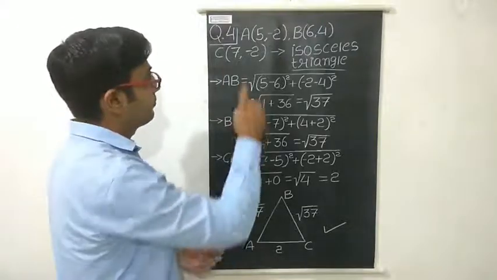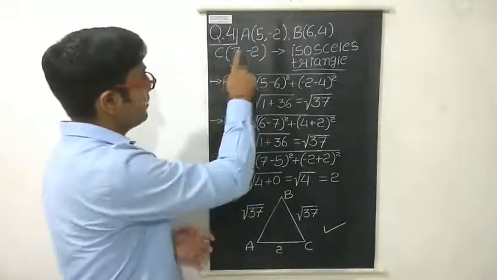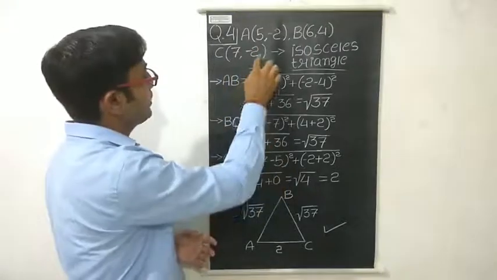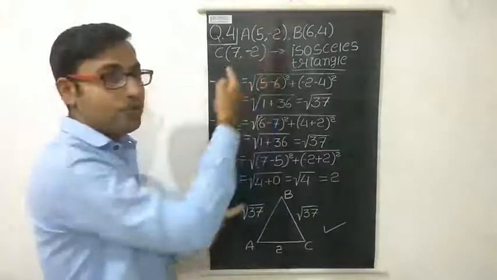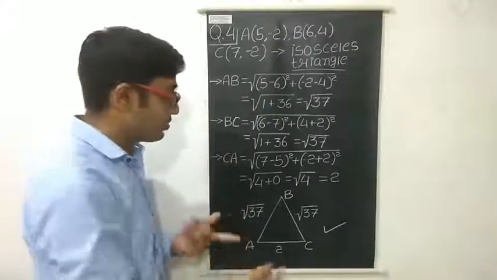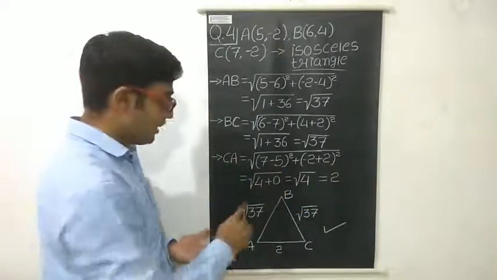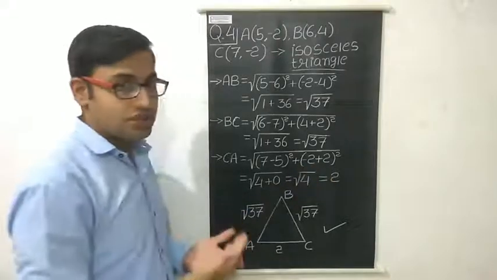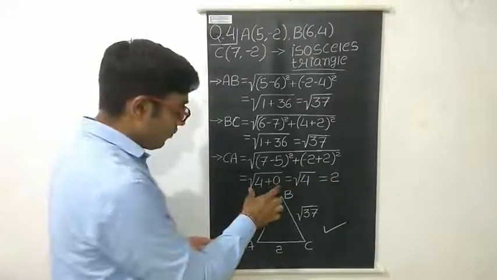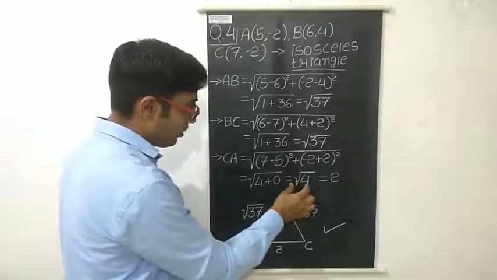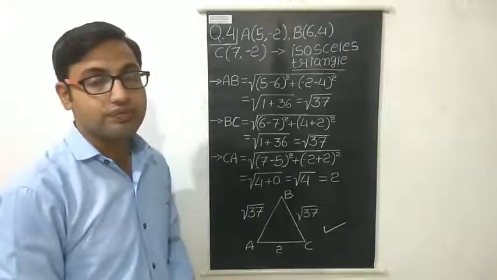Now CA. (7 minus 5) whole square plus (minus 2 minus of minus 2, that is plus 2), that is (minus 2 plus 2) whole square. So 7 minus 5 is what? 2. 2 square is 4. Minus 2 plus 2 is 0. And 0 square is 0. So we get under root 4, and this under root 4 is equal to 2.